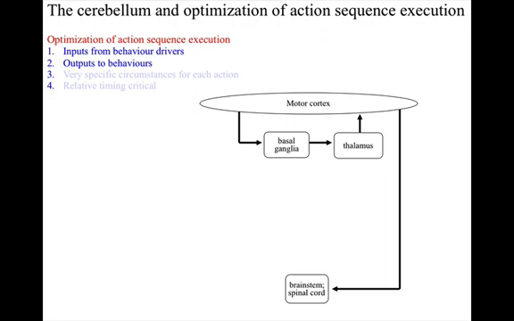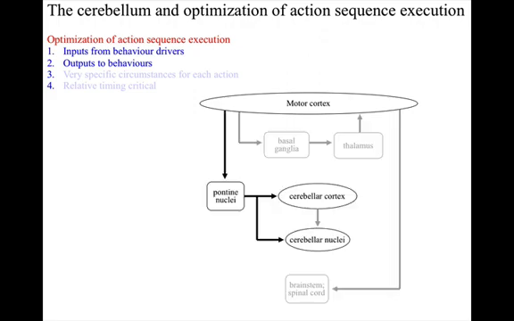So the behavioral drivers come from the cortex, and the place where behaviors are implemented is the brainstem and spinal cord. The cerebellum gets inputs from the same cortical sources via the pontine nuclei, and it directly targets the brainstem and the spinal cord.